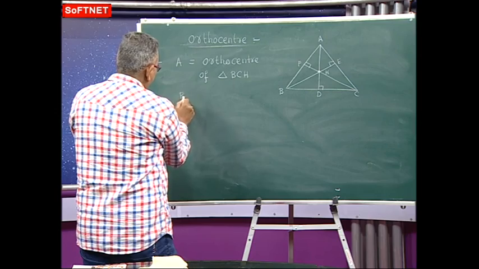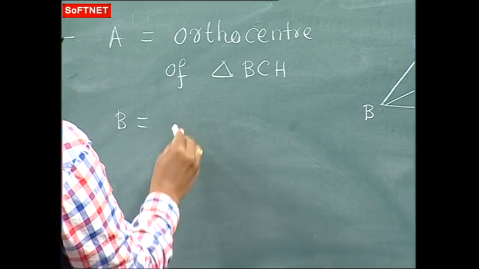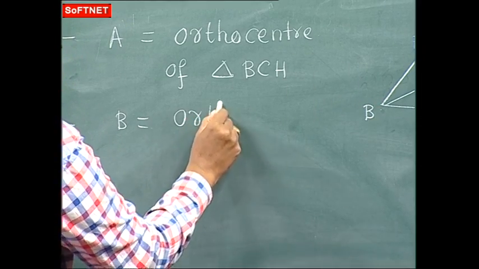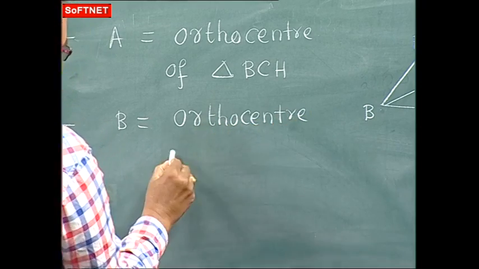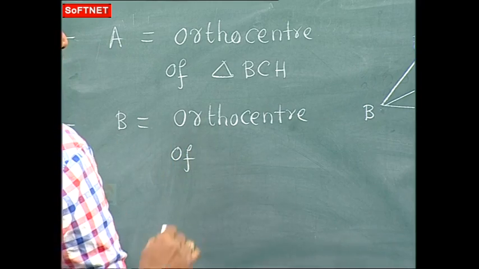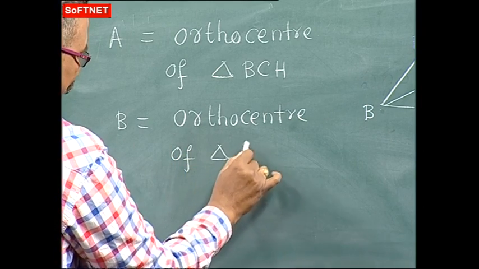B is equal to orthocenter of triangle ACH.